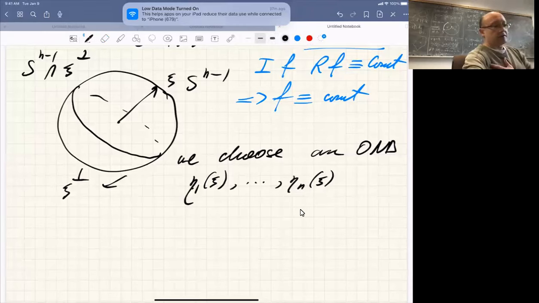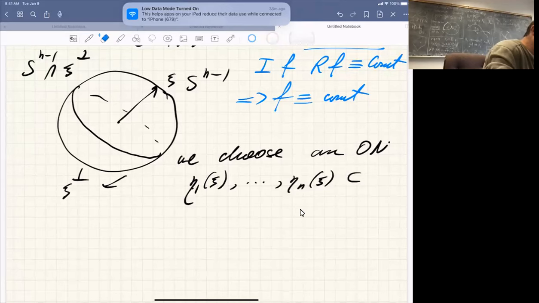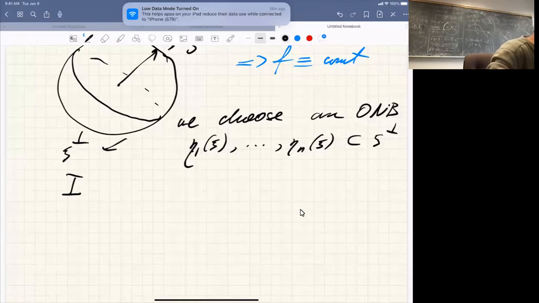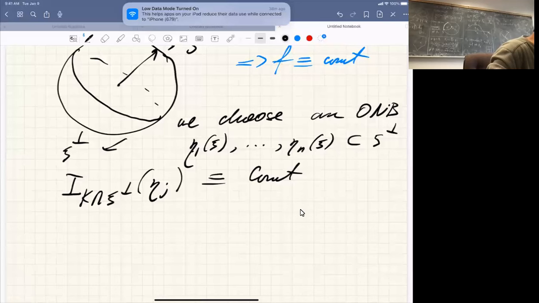We have n minus 1 vectors in the subspace, an orthonormal basis in psi perp. And we know that all of our moments of inertia of our section with respect to eta j are identically constant, for any j from 1 to n minus 1. This is what we know.